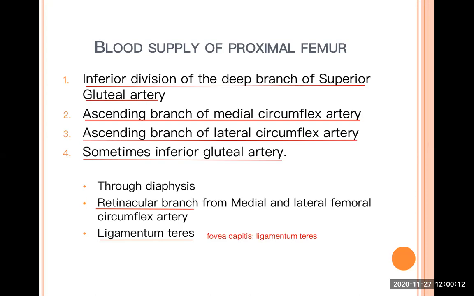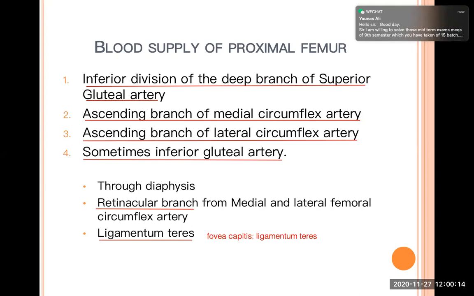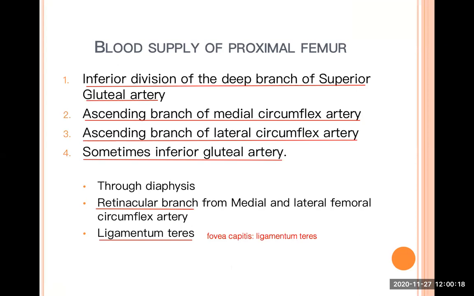That ascending branch of the nutrient artery goes quite high up, and it gives branches to the different parts in the proximal end of the femur. That is also one of the supplies for the proximal end of the femur. Okay, so with this, let's move further.